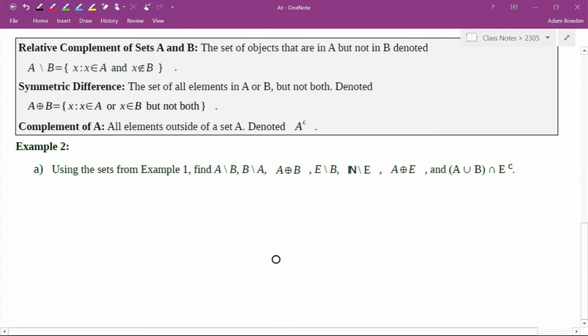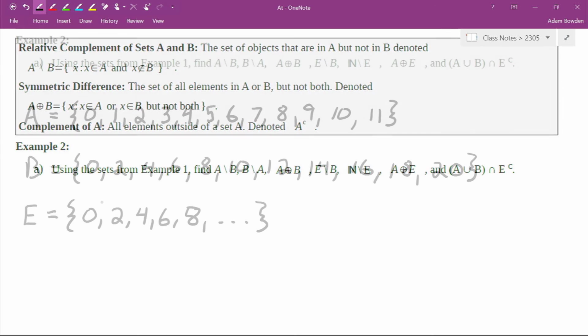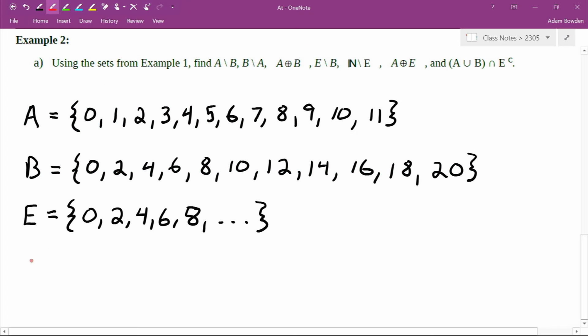To go back to the relative complement, symmetric difference, and complement, let's look at a few examples of those. So looking at the first one here, it asks for A relative complement with B. That means we're going to take everything in A, but remove anything that it has in common with B. So whatever elements in B that are in A, those are going to get taken out.